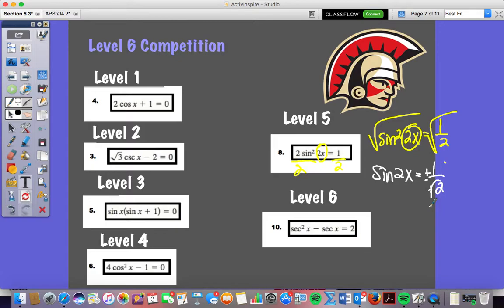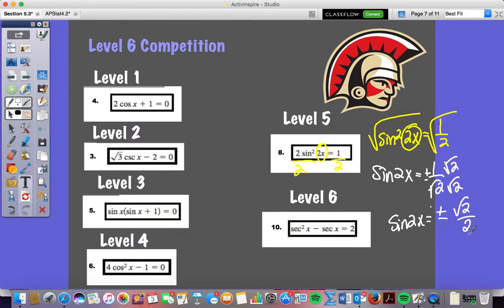I can, like, it's called rationalizing, by multiplying top and bottom by square root of 2. Okay? So then it would be sine of 2x is equal to plus or minus square root of 2 over 2.